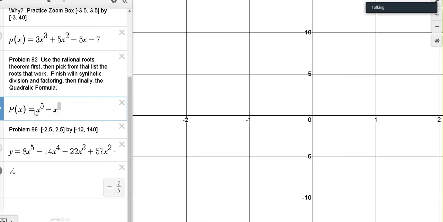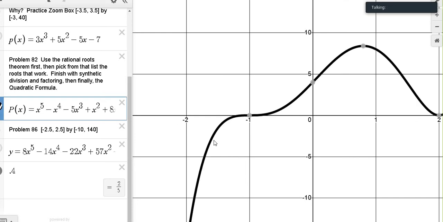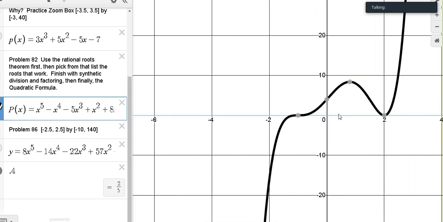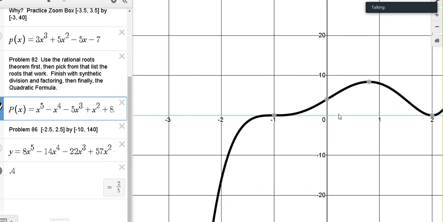X to the fifth minus x to the fourth minus 5x cubed plus x squared plus 8x plus 4. All right. So what on earth does that thing look like? Let me zoom out a little bit. This way. Okay. That looks kind of good.